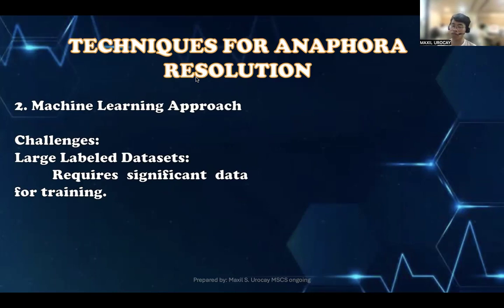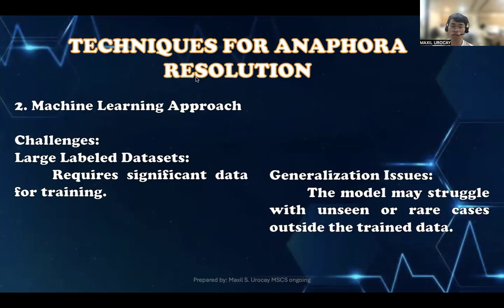We cannot train if our data is not that much, so it's not really effective. Then generalization issues: the model may struggle with unseen or rare cases outside the training data. So that's the problem of machine learning models.